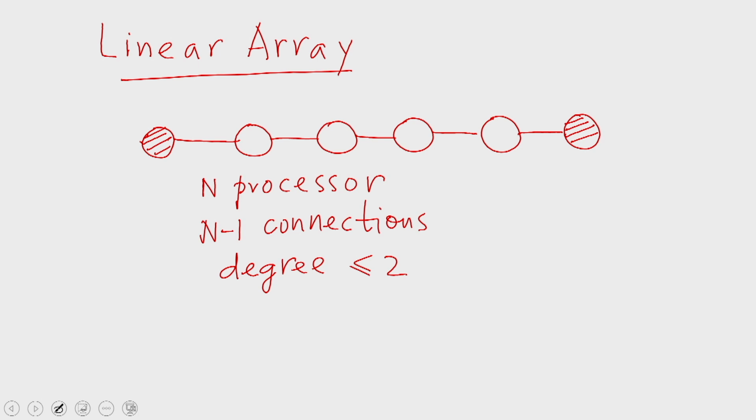A wide variety of algorithmic problems could be solved on such interconnection networks. So let us begin with a common problem that we discuss in algorithm courses, which is sorting. Let us say we have to sort n items on a linear array of size n.